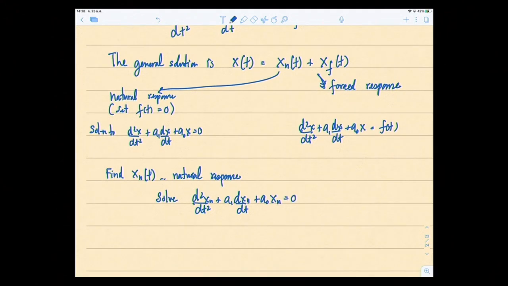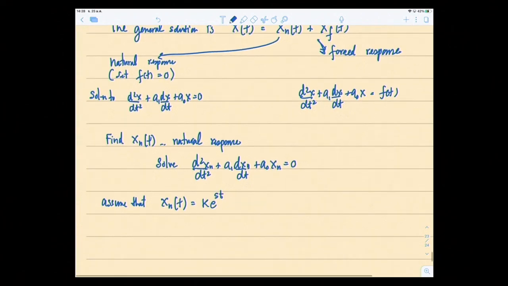I'm sure you can read more detail in your math class, but for us, we're going to assume that our solution xn is of the form k e to the st, and we're going to substitute this back into the equation.